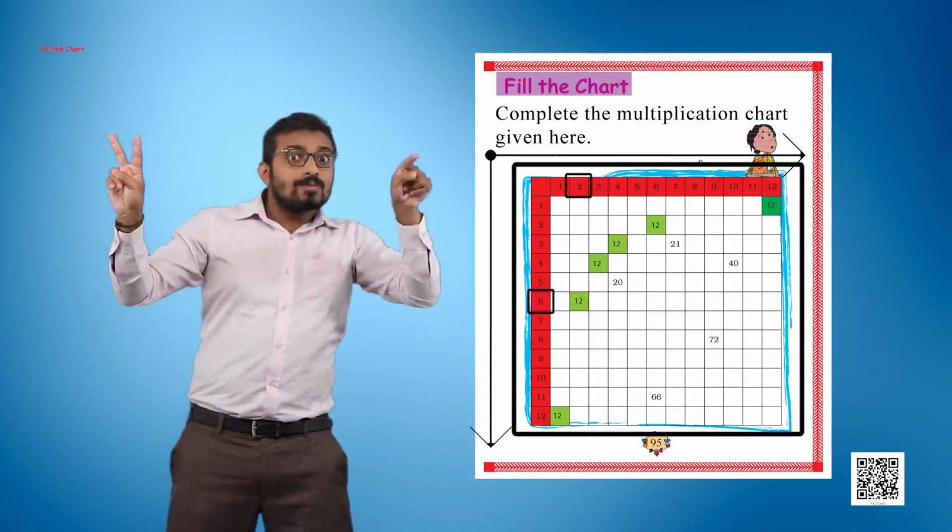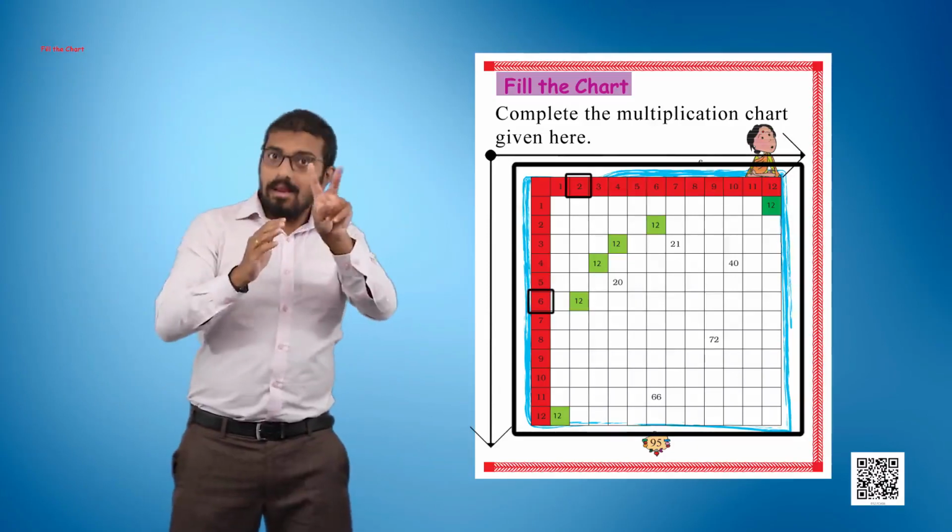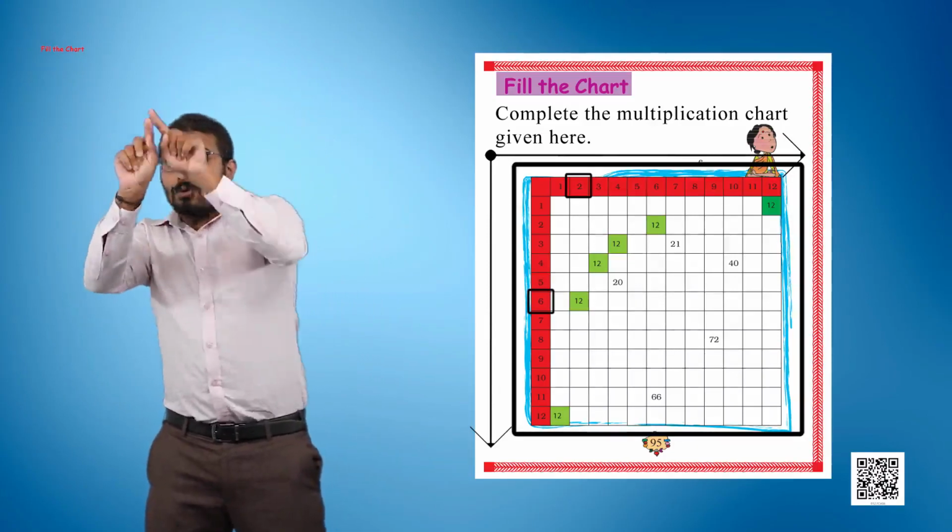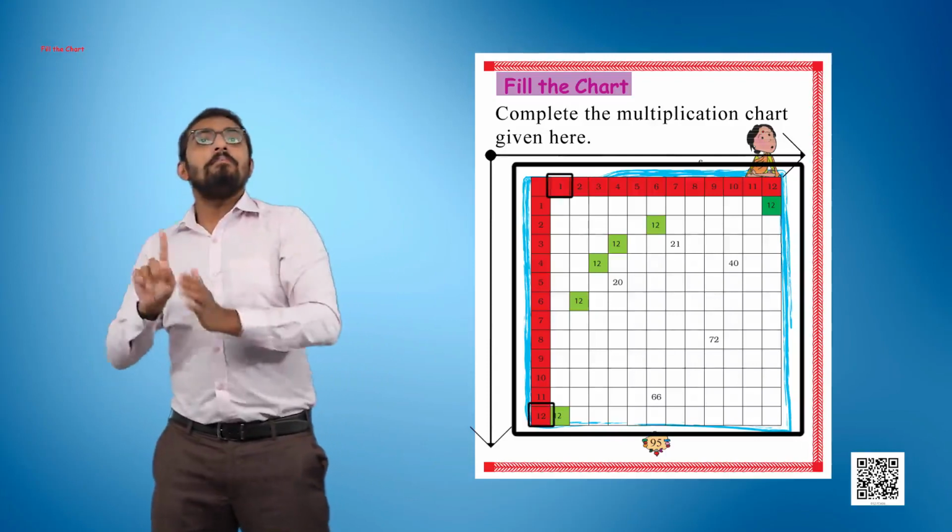Twelve is also a multiple of 6 and 2, as well as 12 and 1.